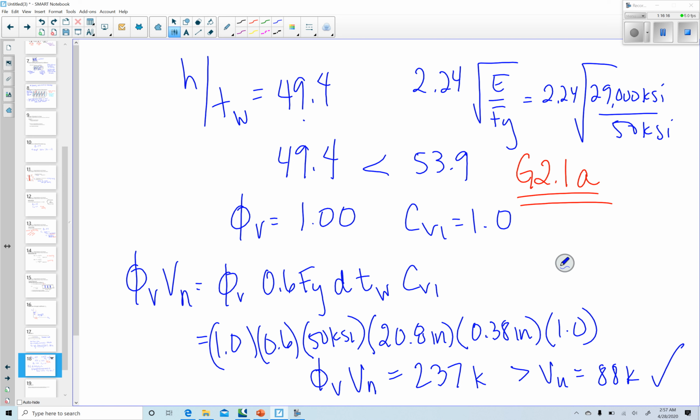Good to know. Yeah. Got like 135 kips of capacity in there. Good.